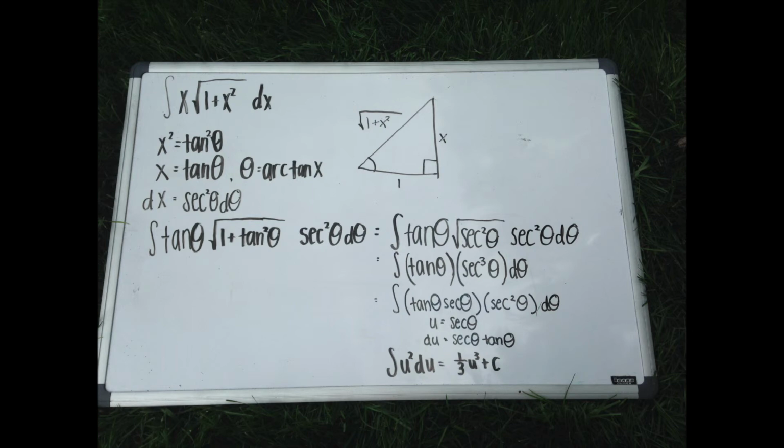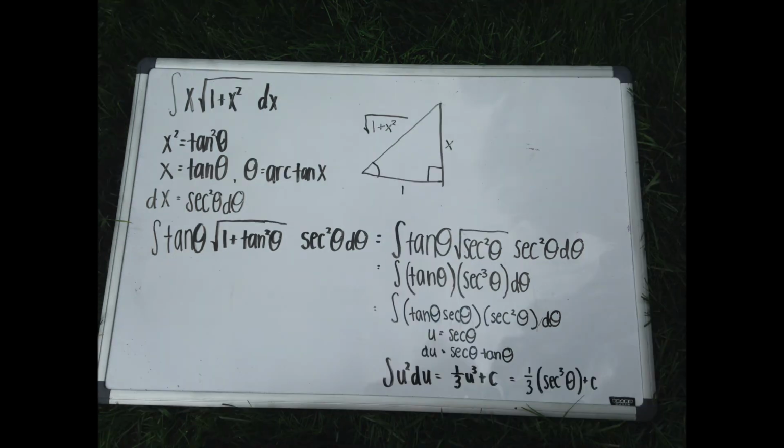Plug in u to equal secant theta because we have secant in both of these equations. And then we're going to find the derivative of secant, which is secant theta tangent theta, and plug that into the integral of u squared du, which is 1/3 u cubed plus c. Plug in your known u, which is secant theta, into the equation 1/3 u cubed plus c.